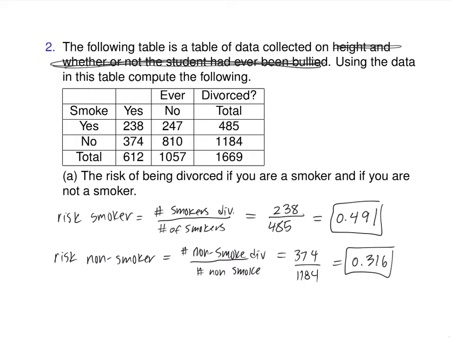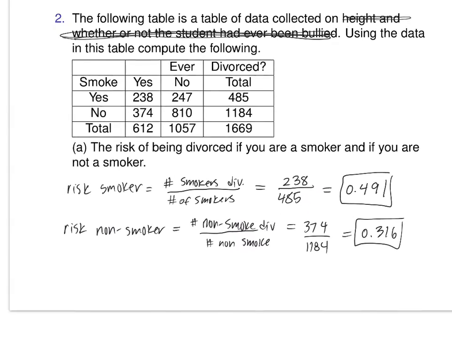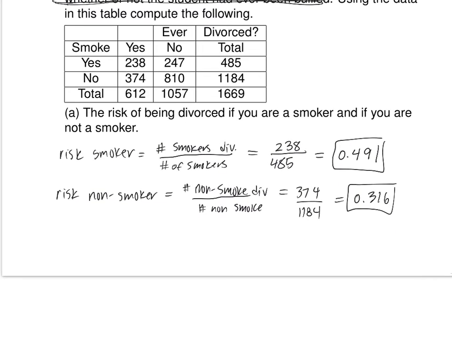And what that is saying is that almost half of smokers get divorced versus 31% of non-smokers, right? Does that make sense? Okay, so those are the risks for those groups.